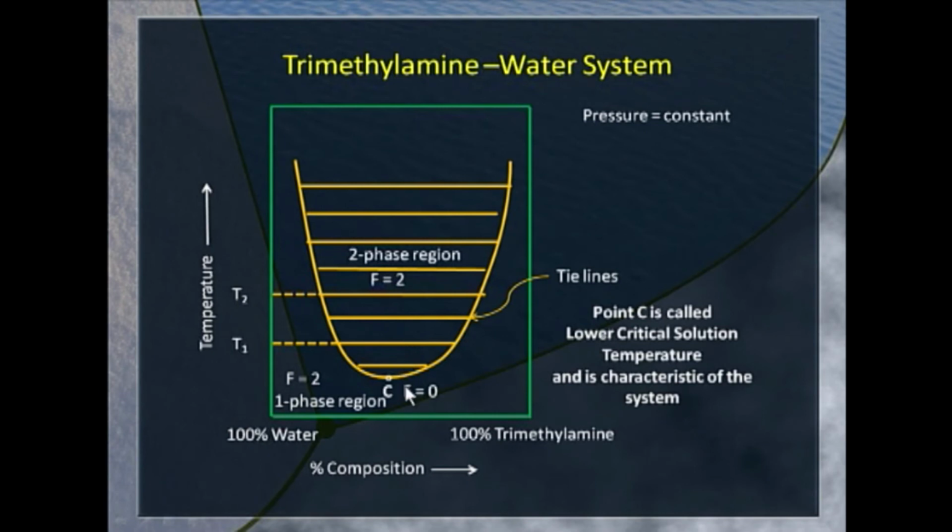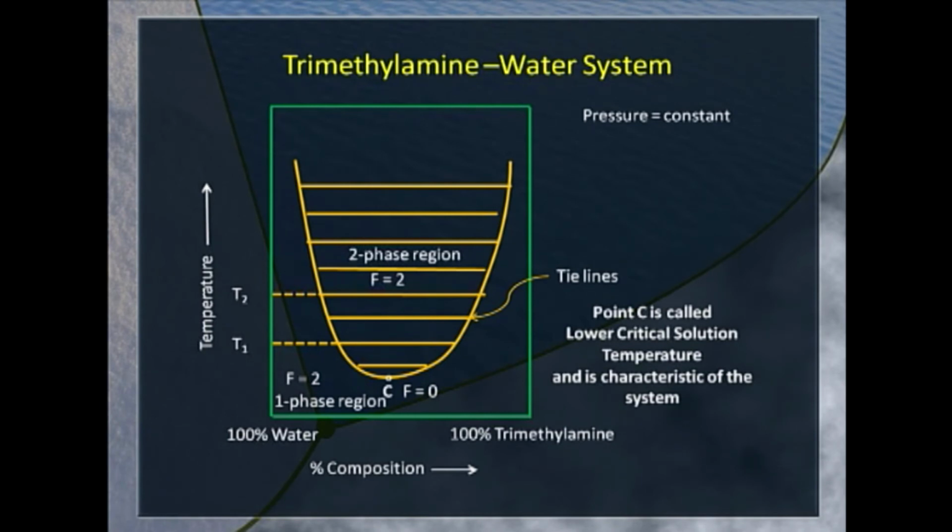Why is miscibility attained at lower temperature, which is unusual? Generally, we know that the solubility goes on increasing as we raise the temperature, and ultimately miscibility is attained at a particular temperature. In this particular case, the miscibility is there at lower temperature. With the increase in temperature, the miscibility decreases. Probably in such systems, there are some molecular interactions which are operative at lower temperature, which become weaker as the temperature is raised.